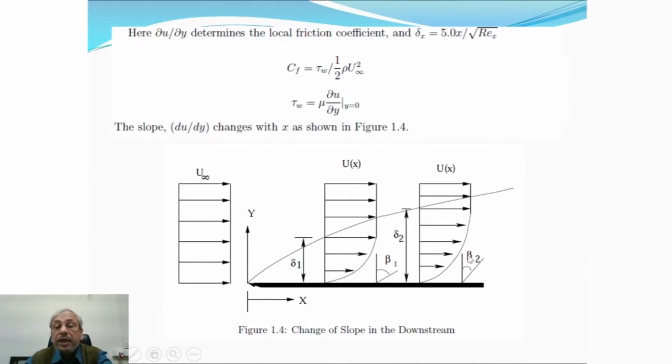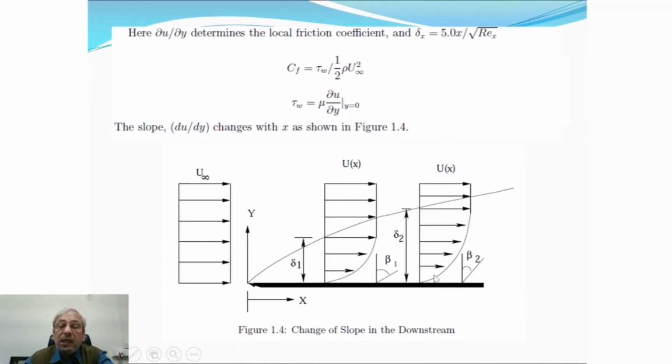But at this location, velocity is reaching 0 to u infinity through another length which is bigger than delta 1, delta 2. So the slope is changing, and also the shear stress is changing.